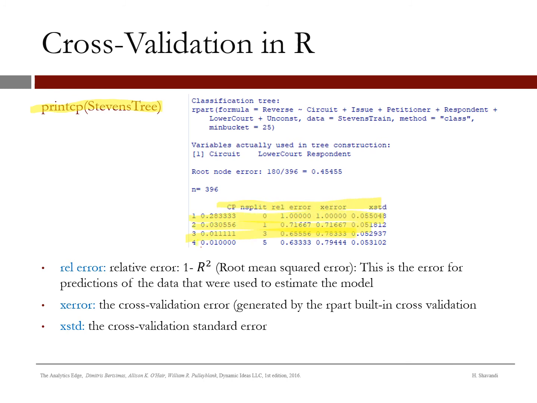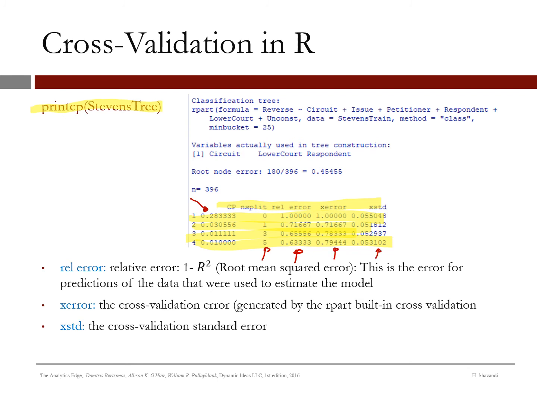Okay, and as you see here, we have the number of splits: 0, 1, 3, and 5. And here we have the CP. This is the CP value, and then the number of splits, and then rel error, or relative error, and then xerror, and xstd, the standard error.